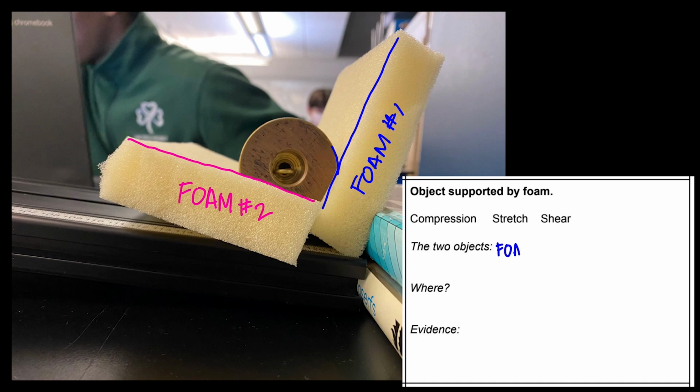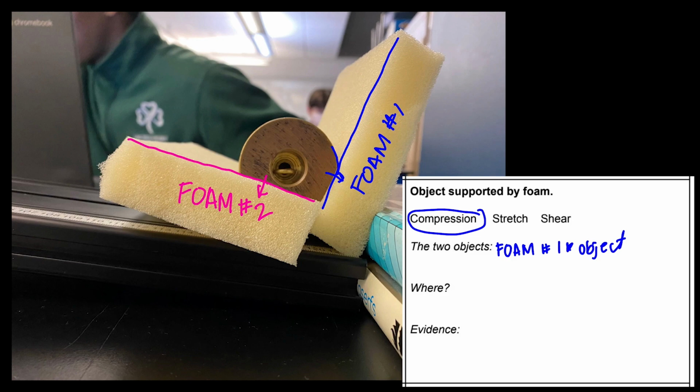I'll say foam number 1. And it is being pushed down, right? So foam number 1, well, I guess, and the object that are interacting, there's some sort of pushing that's happening. Now, if you chose foam number 2, the pushing would be kind of more down, and foam number 1's pushing's kind of more to the side.